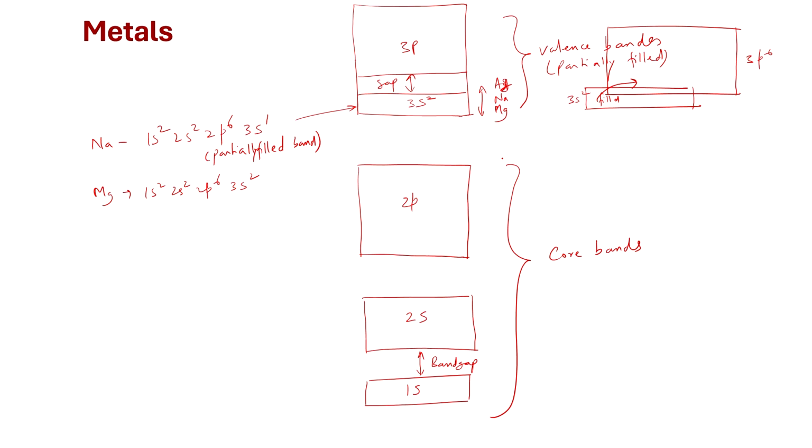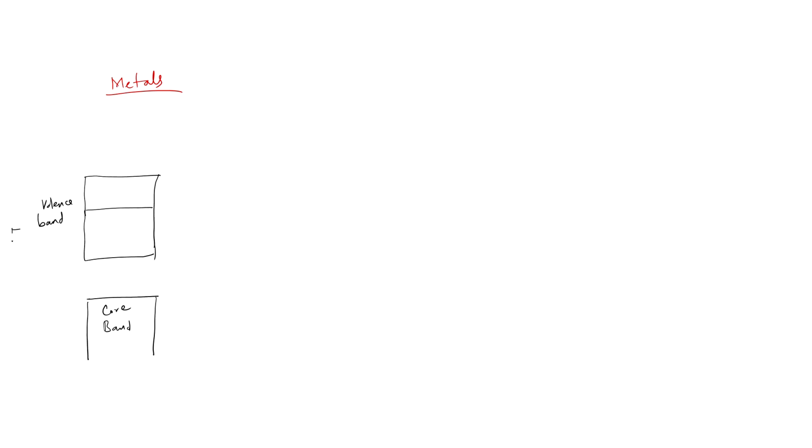So, let us now define metals versus semiconductors. Let us first draw the diagram for metals. Metals have one particular band. Of course, there will be a core band below. So, this is the core band, and then we have the valence band. This is the valence band, and here we plot energy.